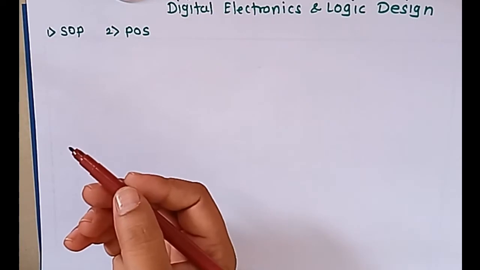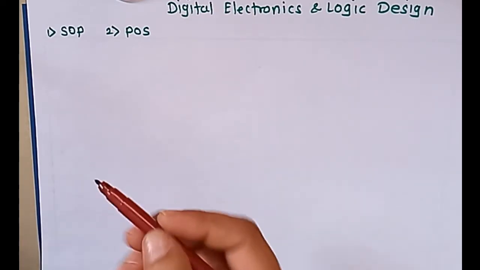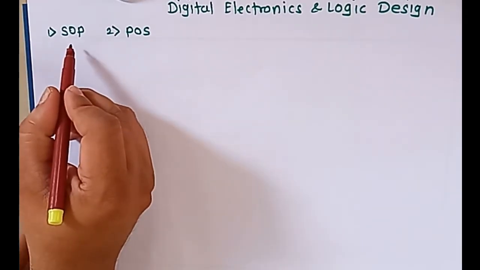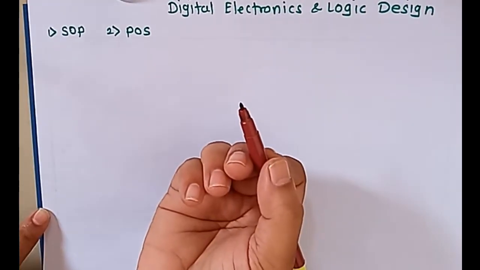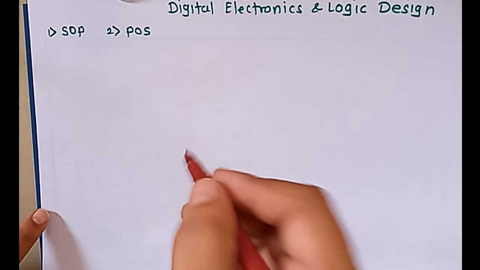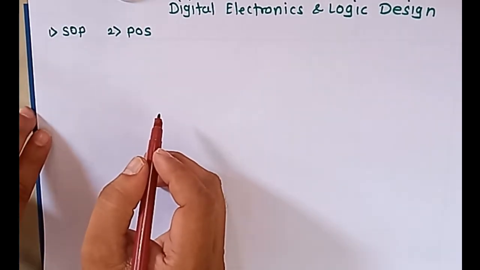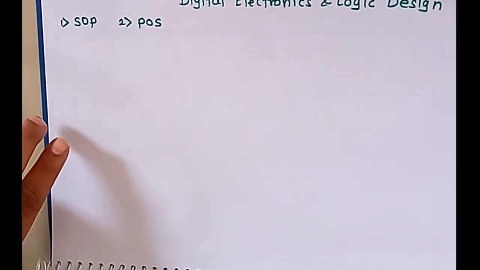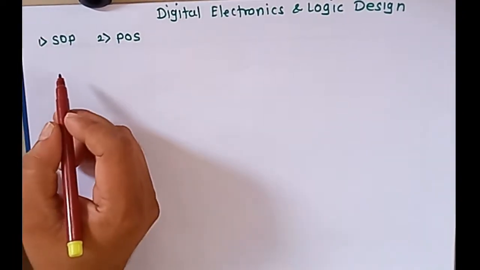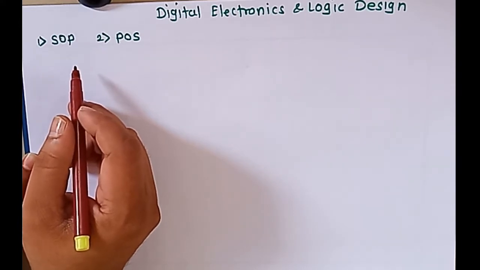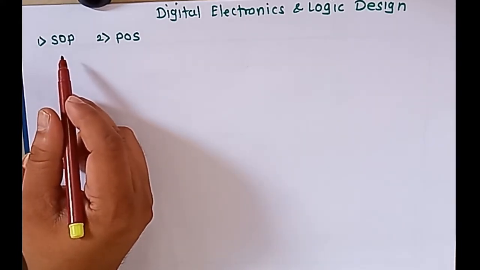Now in today's lecture we will discuss the conversion of the non-standard form of SOP into the standard form of SOP. Last time we also studied that there are two forms of equation: one is the standard form and the other is the non-standard form, also called the canonical form.